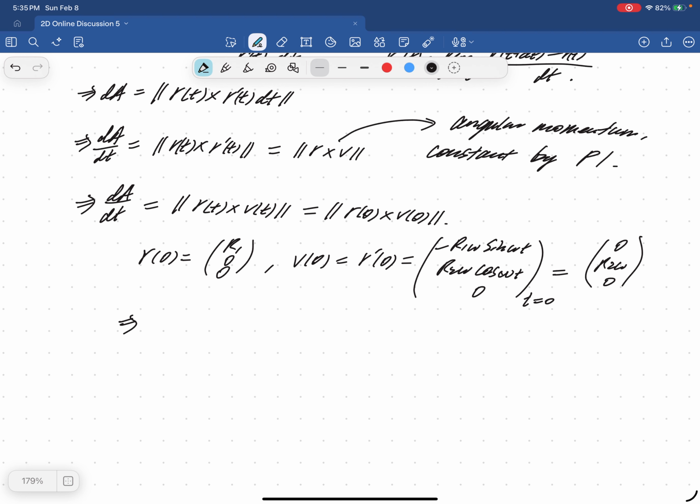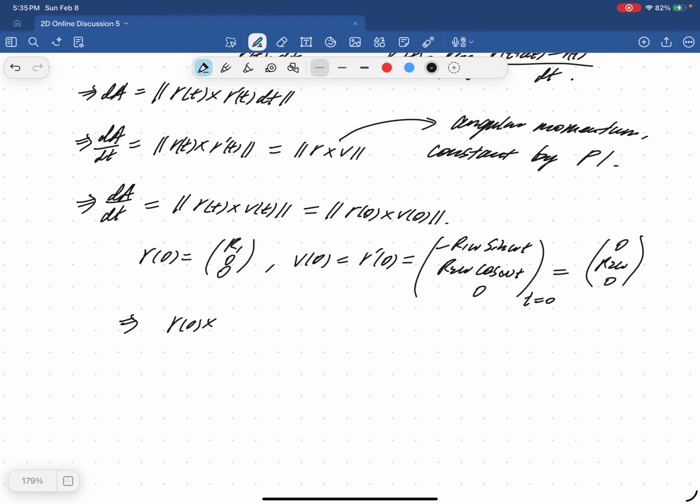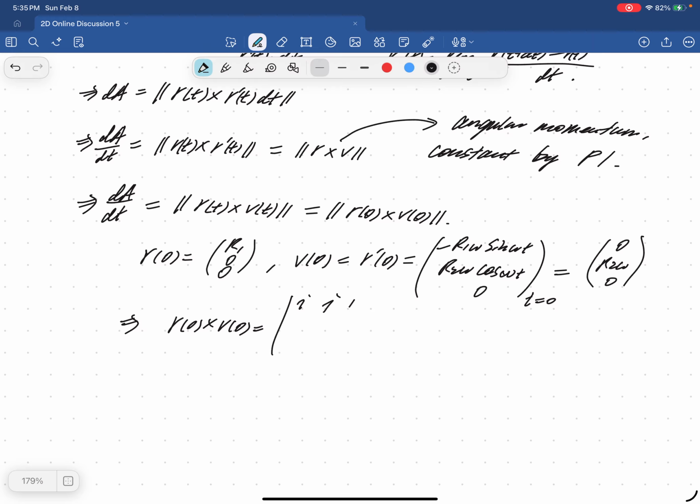And therefore, r(0) cross v(0) is the determinant of the matrix with rows i, j, k; R1, 0, 0; 0, R2 ω, 0. This is just k times the determinant of R1, 0; 0, R2 ω.